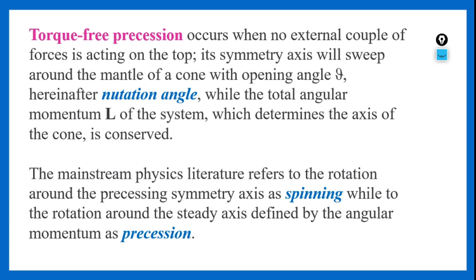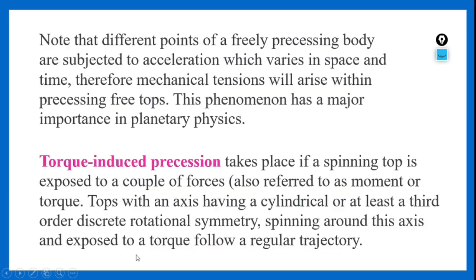The mainstream physics literature refers to the rotation around the precessing symmetry axis as spinning, while the rotation around the steady axis defined by the angular momentum is called precession. Just now I have told that rotation around the precessing symmetry axis is called spinning, and rotation around the steady axis defined by the angular momentum is called precession.